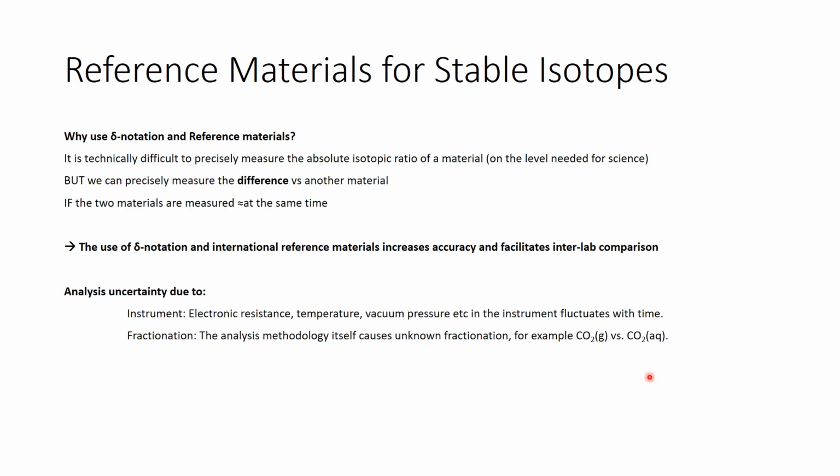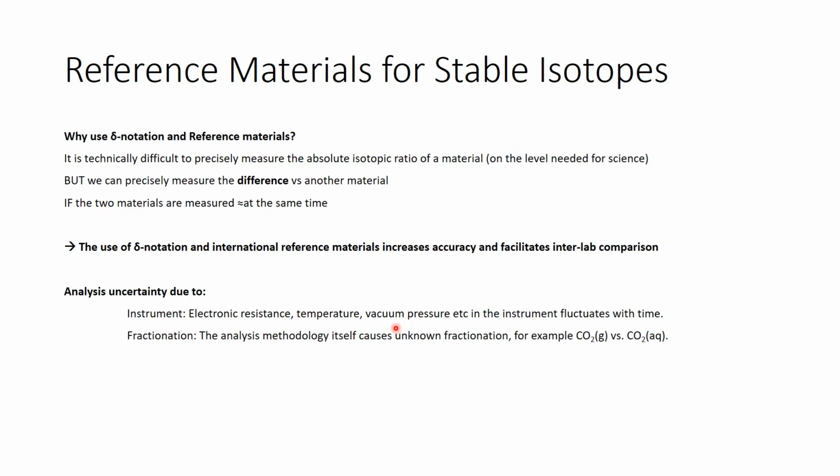Here you can see some reasons why it's so difficult to measure the absolute isotopic ratio of a material. In the instrument, you have fluctuations in a lot of parameters, and all of these will cause variations in the isotopic ratios you measure.